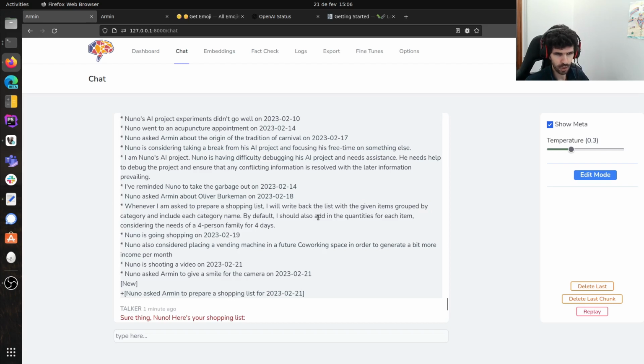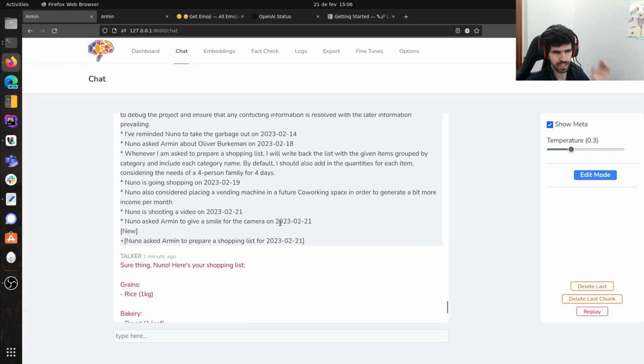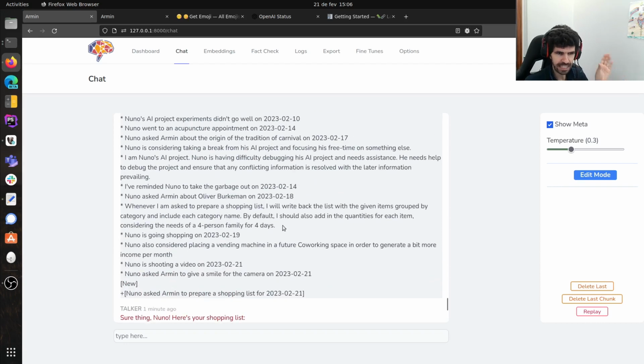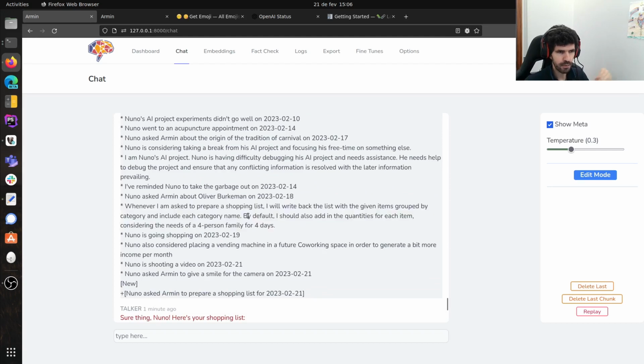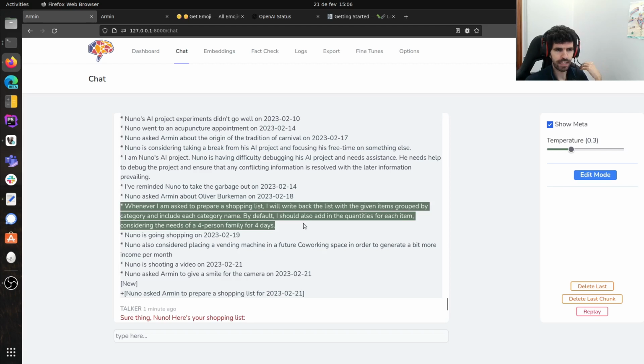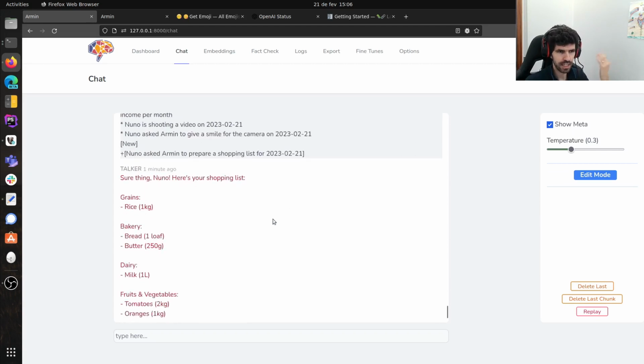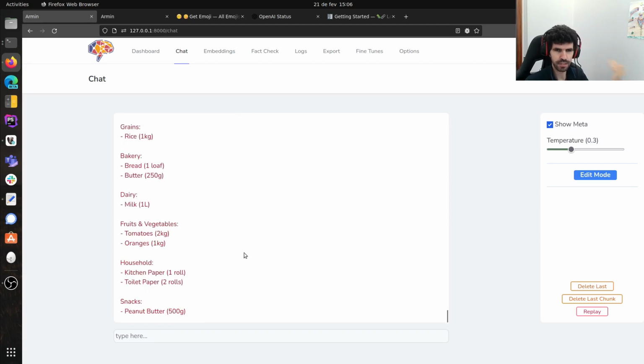By default, I should also add in the quantities for each item, considering the needs of a 4-person family for 4 days. Actually, 4 days, not a week. So based on this, it has the memory that I taught it to do this. Every time I ask it to prepare the shopping list, this is included in its memories. So it remembers what was taught and does it as it's supposed to be done.